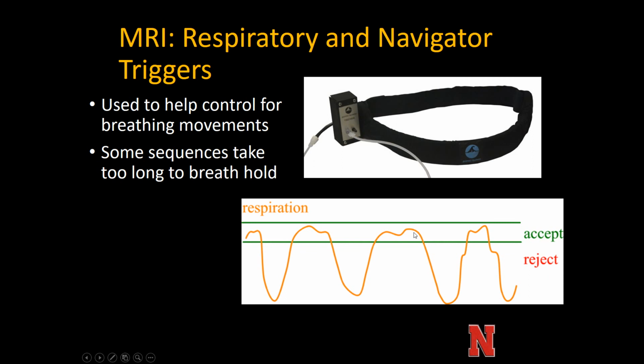So at the down portion of the respiratory cycle, you accept all the signal that you get there because it's more likely to be while the person is still in between breaths. While they're actually breathing and moving their diaphragm, you reject all the signal from that time point because it's likely to be artifactual in a different spot than you want it and motion degraded.